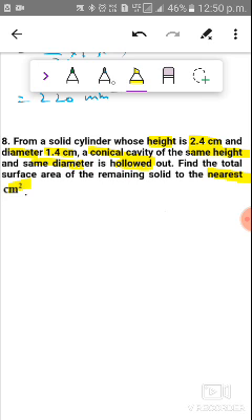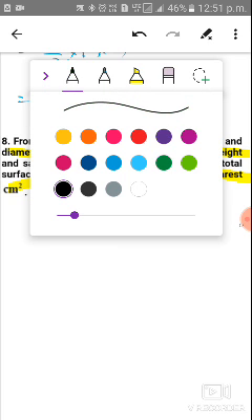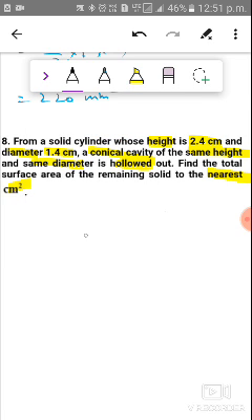Okay, so let us see. First of all, let me draw the figure. Suppose this is our cylinder, a circular cylinder.